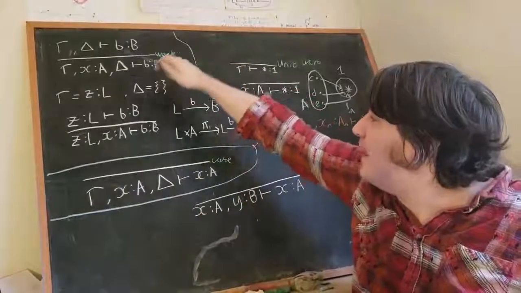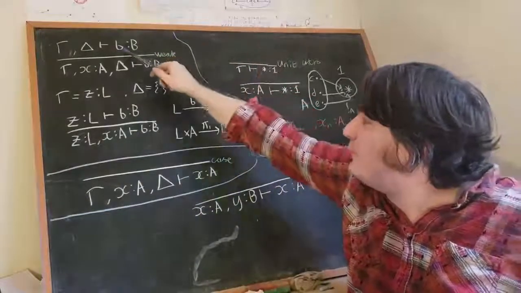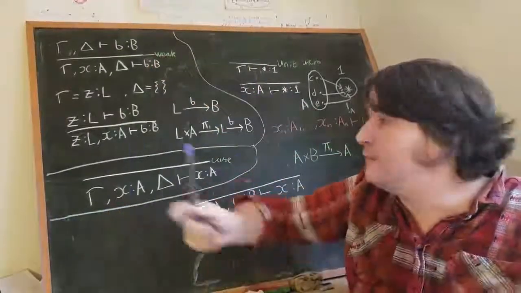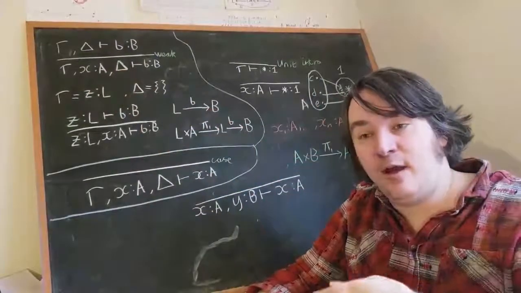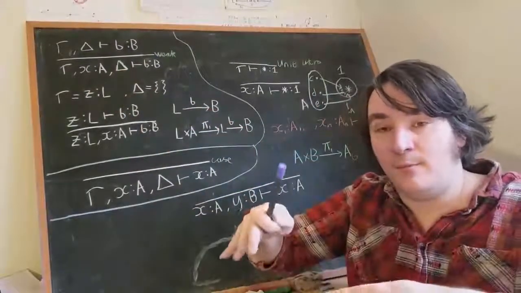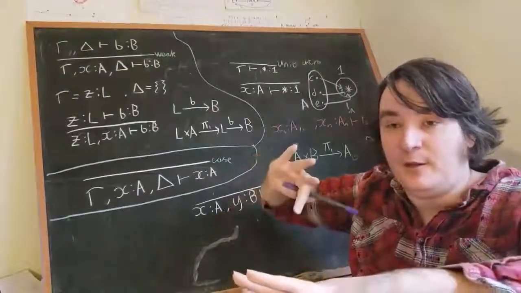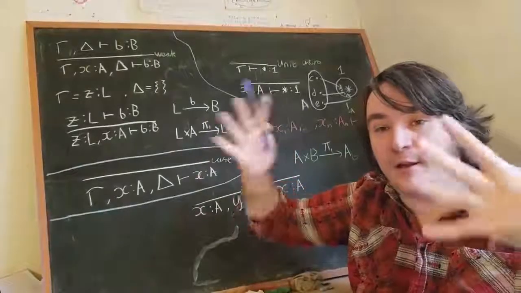In terms of set theory, what this is saying is that if you have a function that takes a value in b, and it may involve all sorts of variables, and then you need to add an extra variable, an extra value to your source, you can do that just by using a projection.